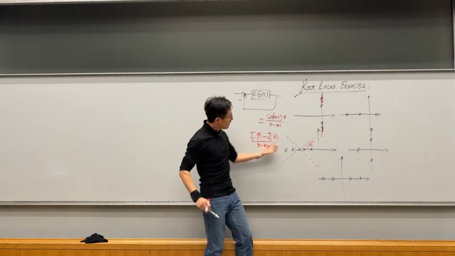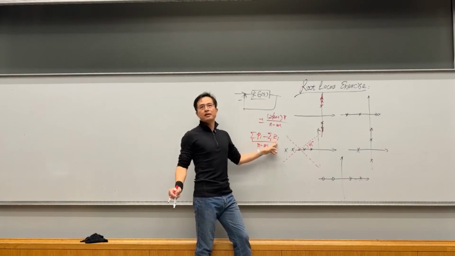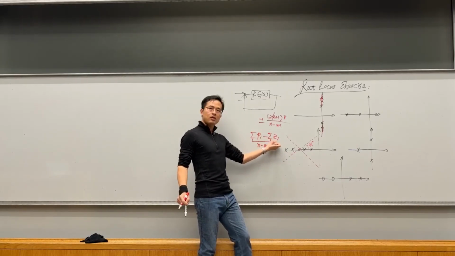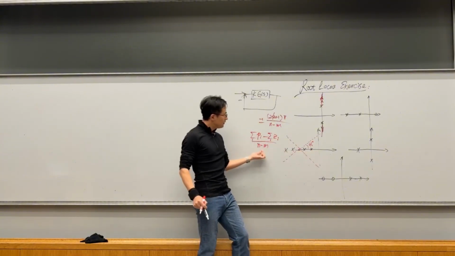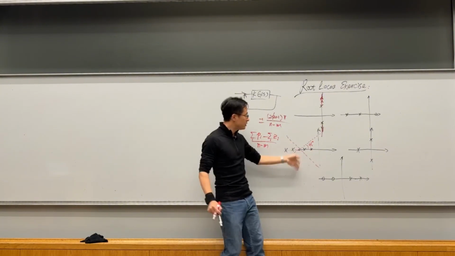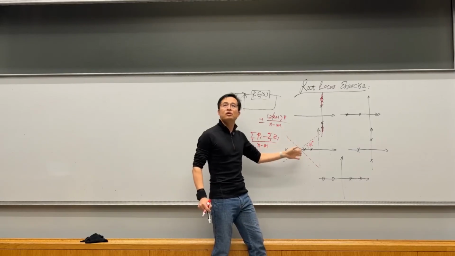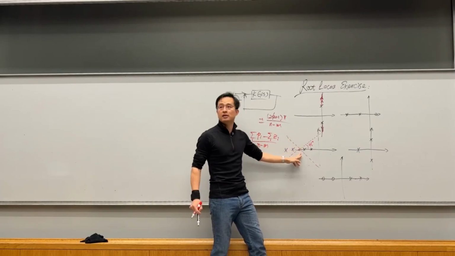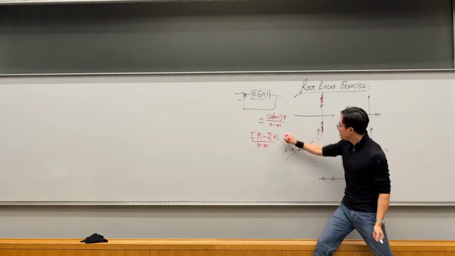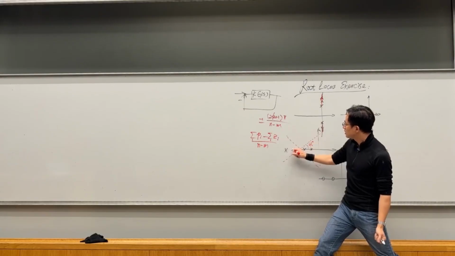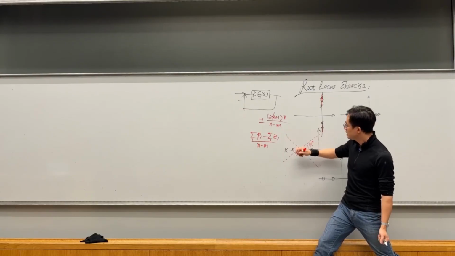And for this particular case, you don't have any finite zeros, so this is all going to be 0. And then this is the summation of all the poles divided by 4. So this is essentially the geographic center of all these poles. So that's why it's located here. And then we know in the end, the branch is going to approach these asymptotes.